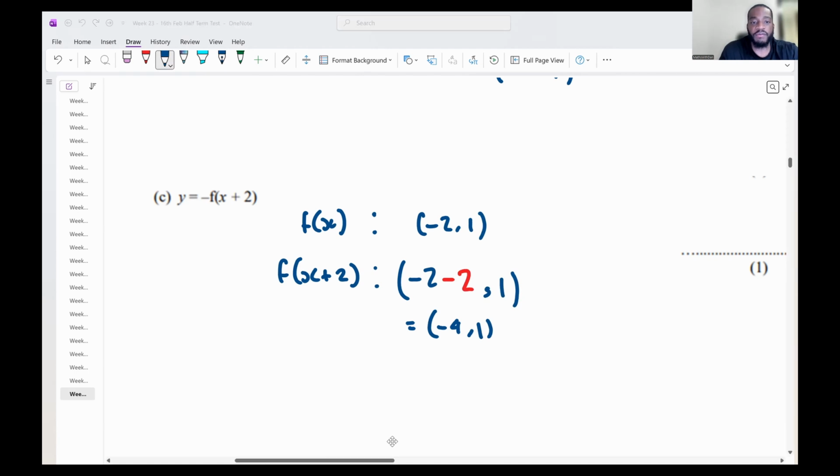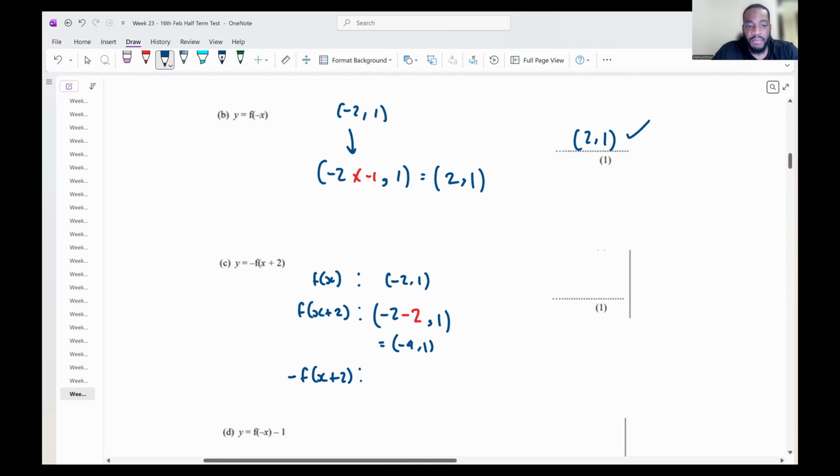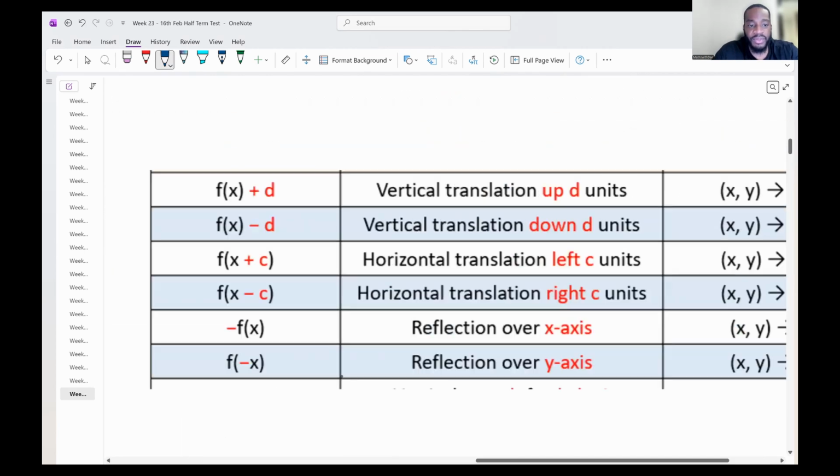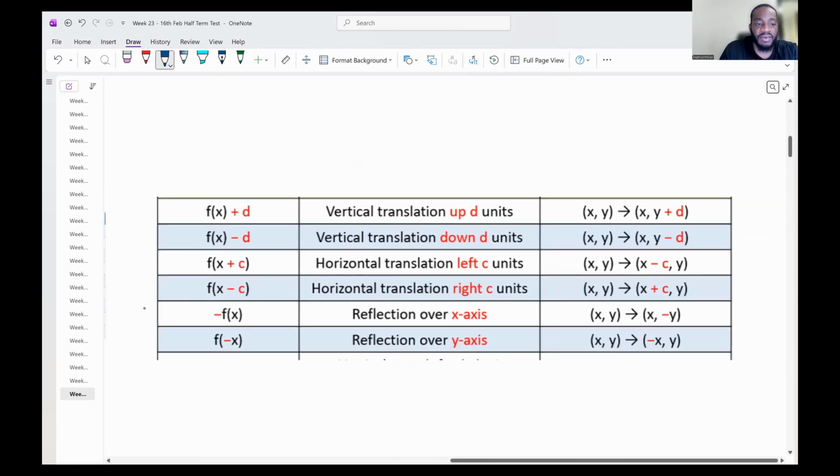Fantastic, Megan. Now remember, we've got that minus, so it's minus f of x plus 2. What does that do? Let's look at our graph transformations again. That minus is on the outside, so it's either going to be 5 or 6. Which one is it? Exactly, it's 5, because the minus is on the outside of f. It's a reflection over the x-axis, which means you multiply your y coordinate by negative 1.